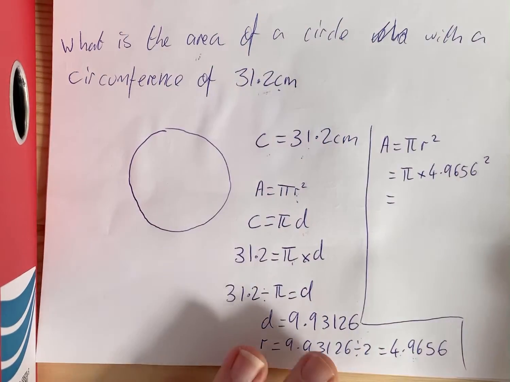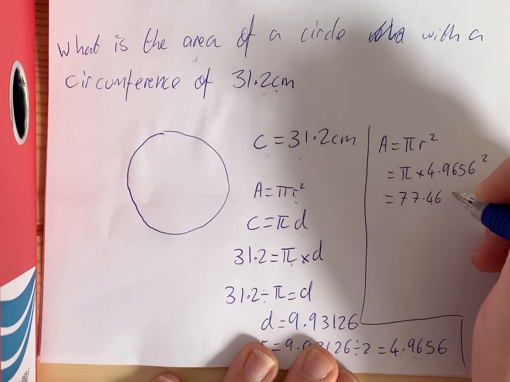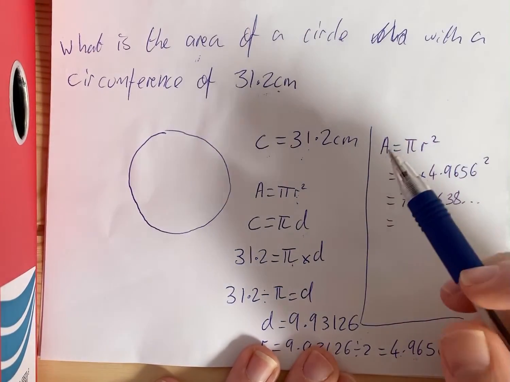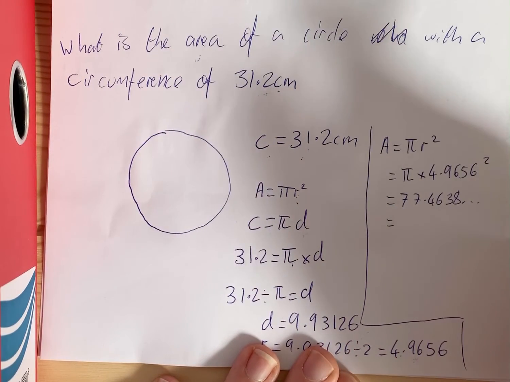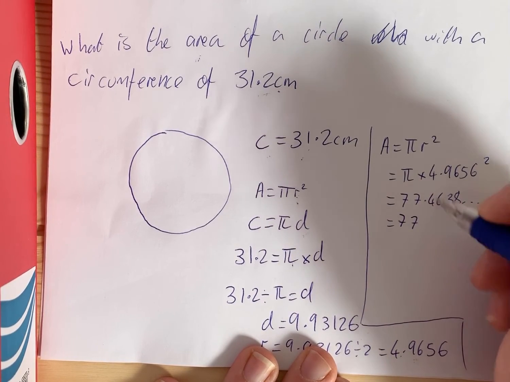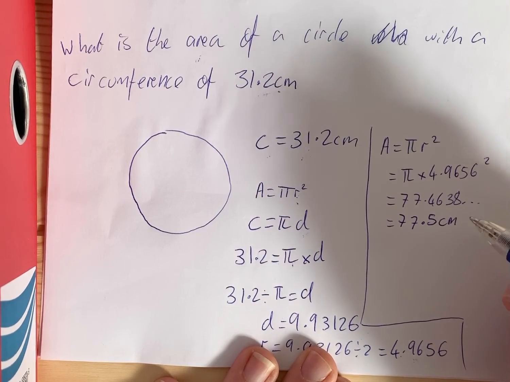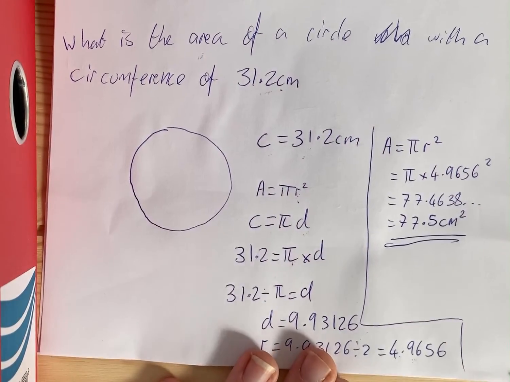That gives me a final answer of 77.463, which doesn't specify how many decimal places to go for. I'll go one decimal place here, 77.5 centimeters squared. Okay, so I hope that's helped.